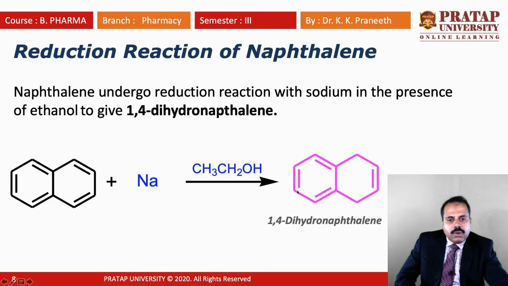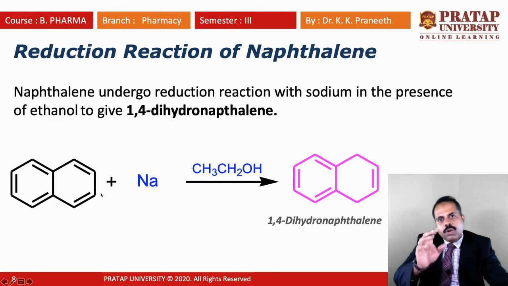So, you can see here, what is the molecular formula of this compound? Naphthalene has 8 hydrogens. Just calculate only hydrogen, because carbon remains the same in both structures: 10 carbons here, and here also 10 carbons. We only have to check how many hydrogens are here and how many are here, to calculate how many hydrogens got added into the product.